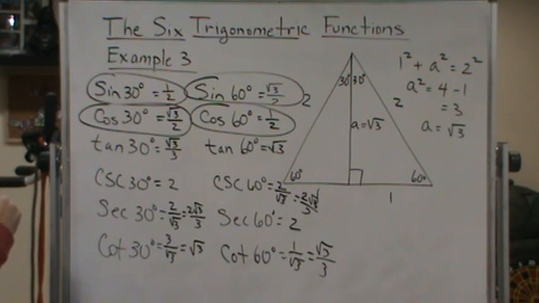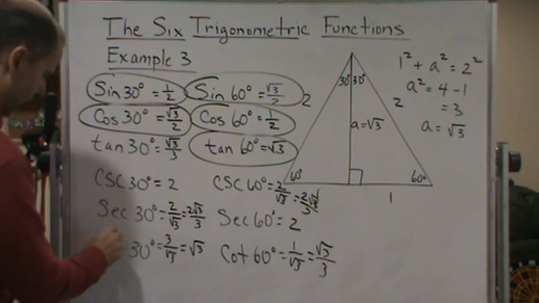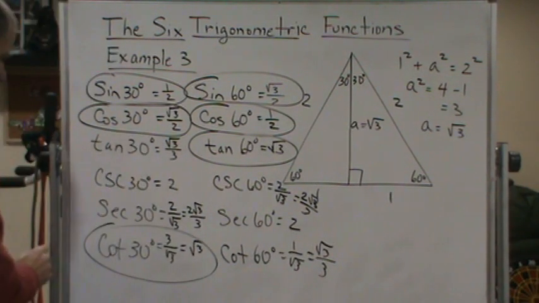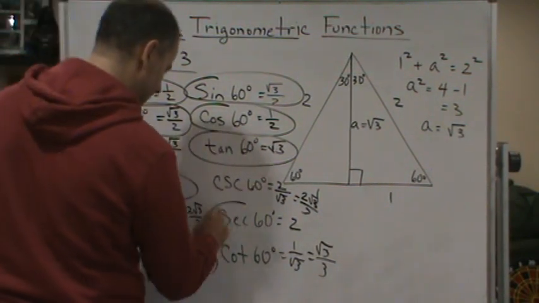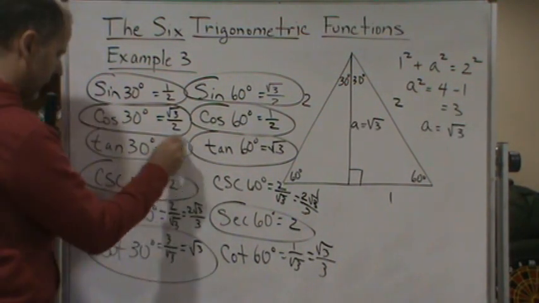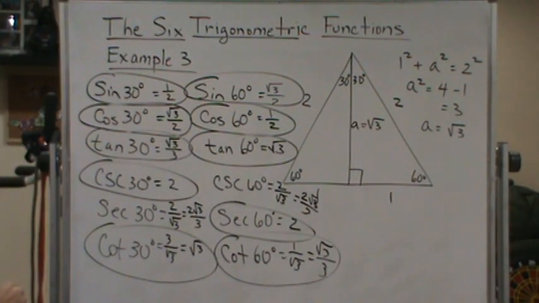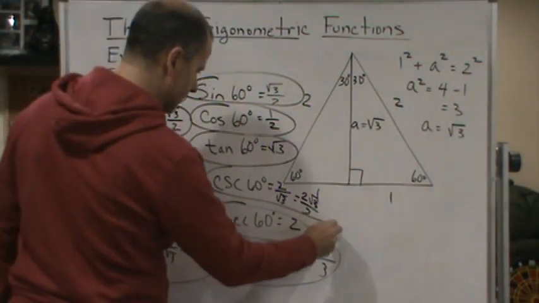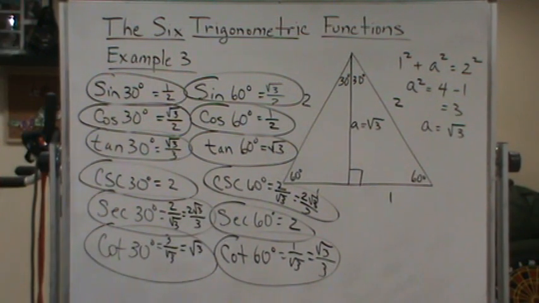And notice how tangent of 60 degrees is the same as cotangent of 30. And cosecant of 30 degrees is the same as secant of 60. Oh, and tangent of 30 is the same as the cotangent of 60. And of course, cosecant of 60 is the same as secant of 30.